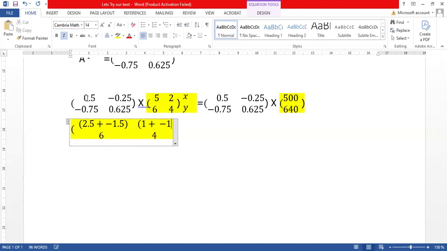It will be the figure here. It will be a row. This is your row, negative 0.75 and 0.625. So negative 0.75 times 5, what do you get? Negative 3.75.